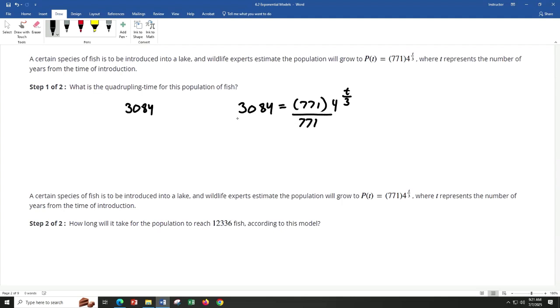Let's divide off the 771. And what are we going to get? We should get 4, so I'll get 4 is equal to 4 to the T over 3.